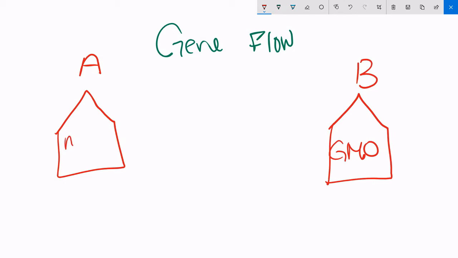Farm A is a non-GMO farm. So at farm B, they are growing GMO corn, and at farm A, they are growing regular corn.